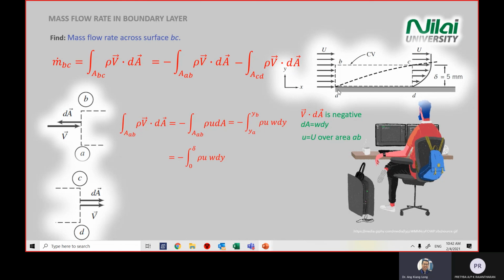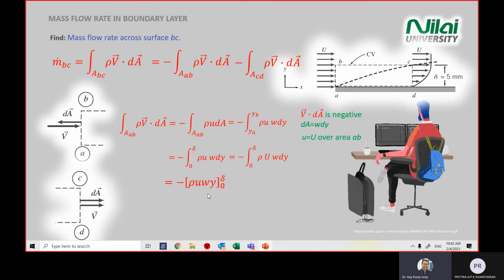In this case, if you look at a rectangular coordinate, A is 0, and we're given a thickness of our domain. The thickness of our domain will be delta, which in this case is 5 mm. So you put inside the equation 0 to delta, then you run the calculation.